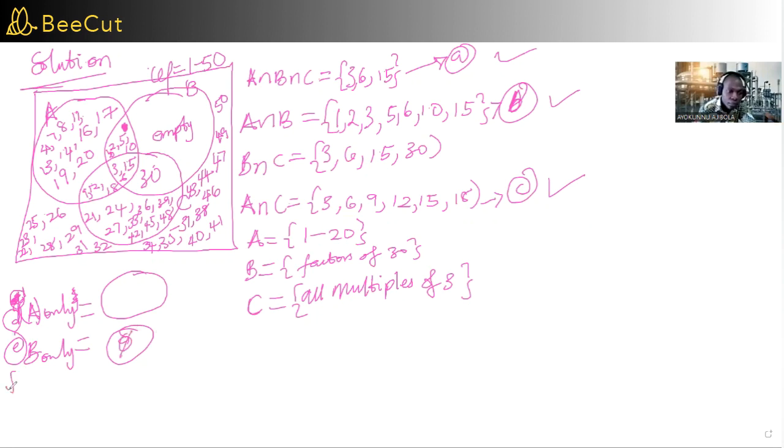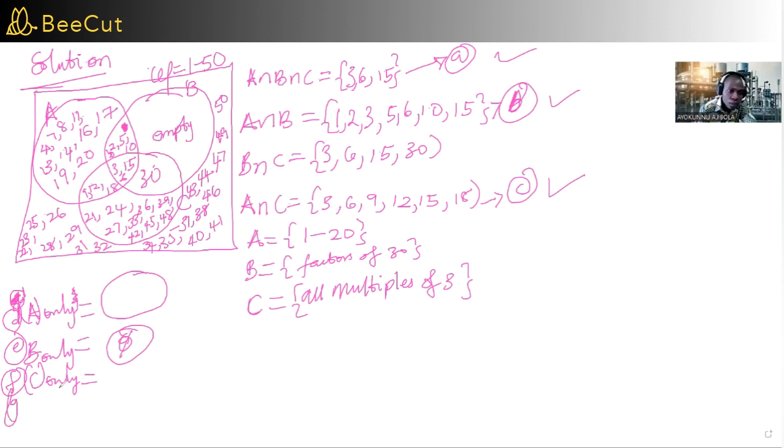Then F. F said you should find C only, like we did for A only. So C only is all the elements that are in C that do not overlap into A and B. So you are going to just remove this region and write the remaining things. So that is C only.